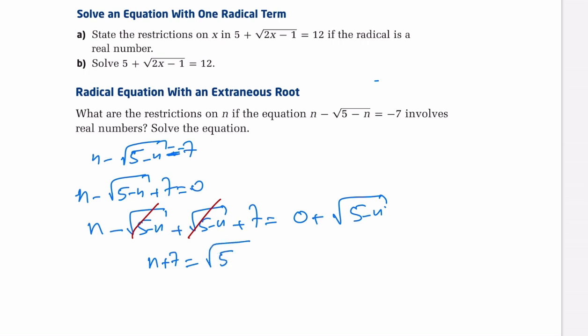Now to get rid of this square root, we need to take the power of 2 of everything.